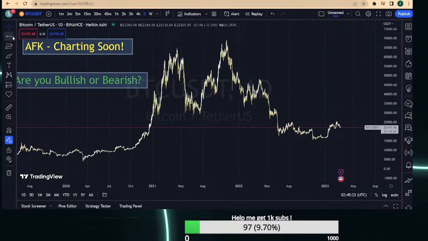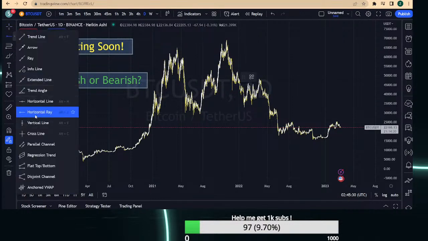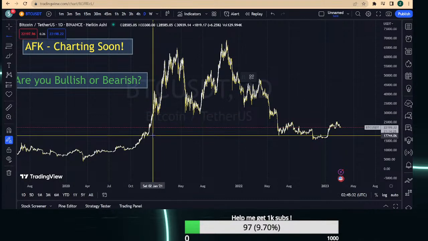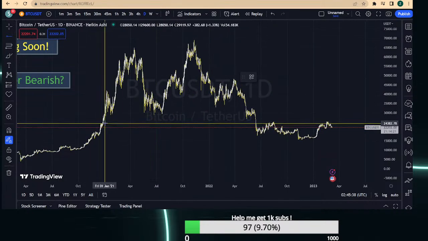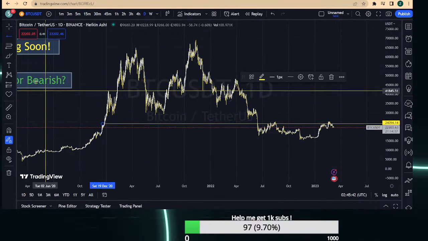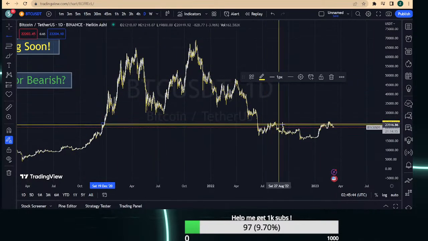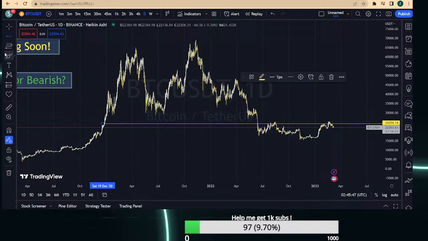And now we're going to go ahead and use this, which is a horizontal ray. Now let's go ahead and find our local highs and lows. By doing that, we're going to go to the past price action. We're going to put one here, and it lines up with these tops here.